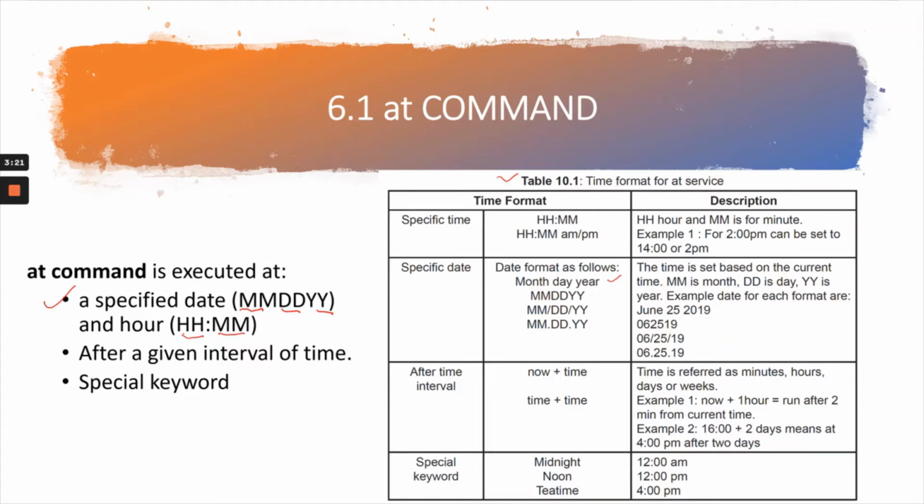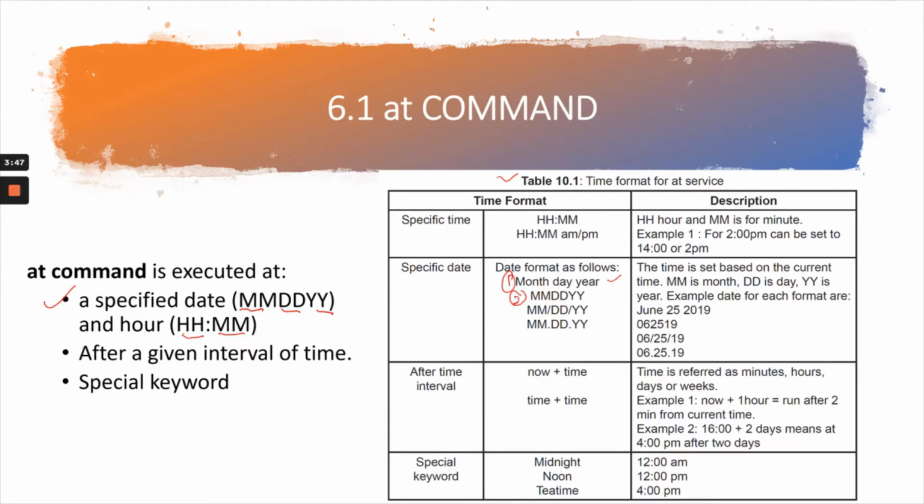If you use the second format, we just follow exactly the format, so June 06, and then 25, and then 19, and so on and so forth for the third and fourth formats. Then we need to specify the time.